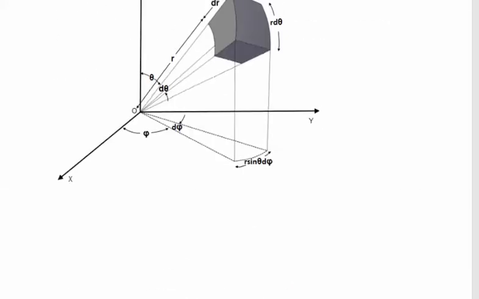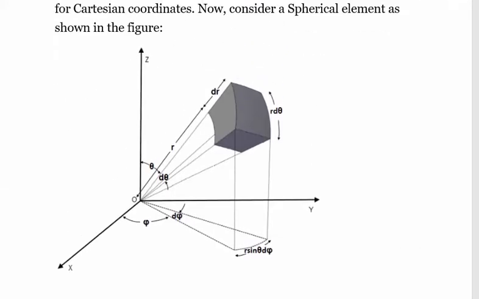As you can see in the figure, we have a cuboid curved surface by which we are able to recognize all three directions, where the coordinates are r, d theta, theta and d phi.